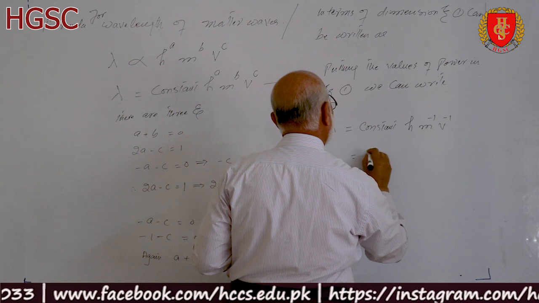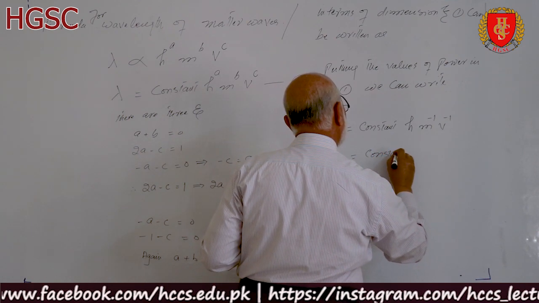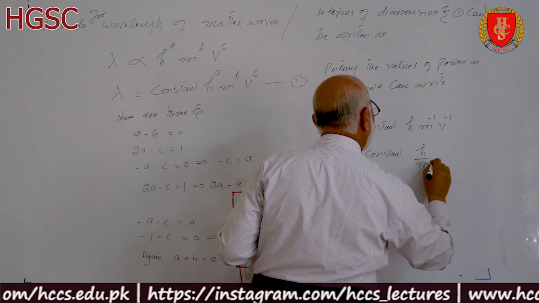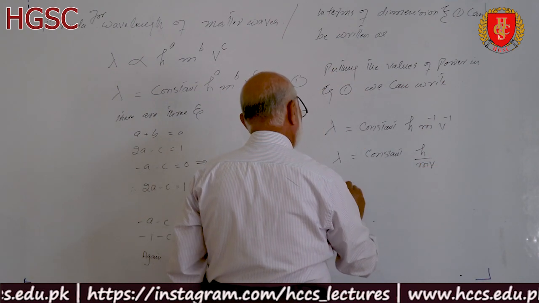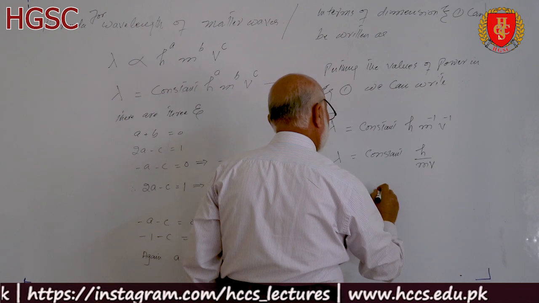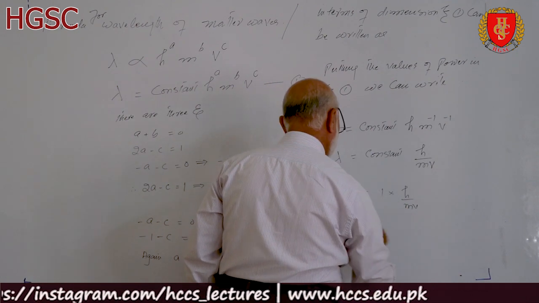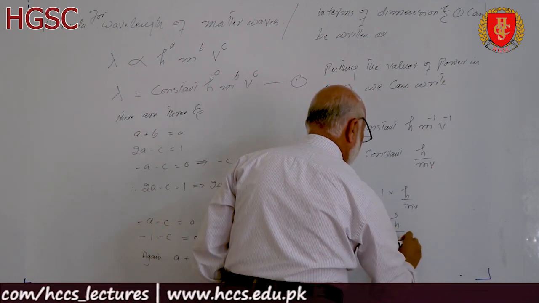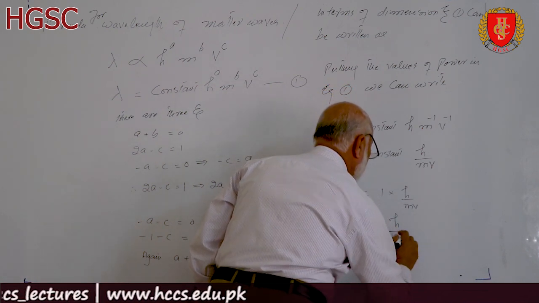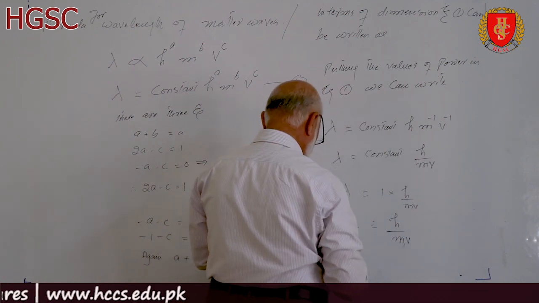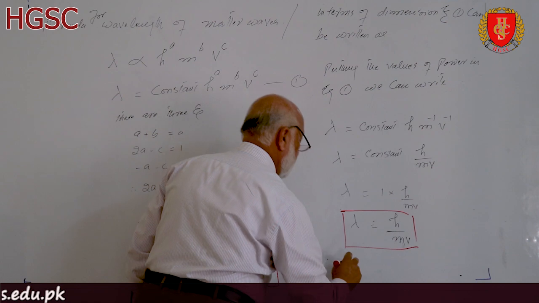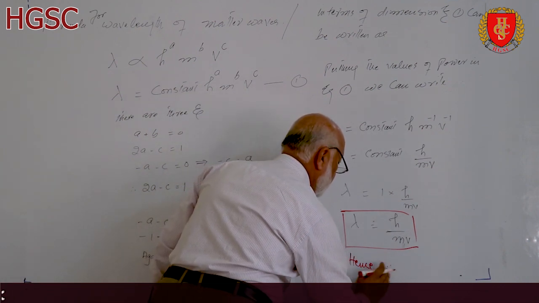So this is equal to constant into h over m v. The numerical value of this constant is 1, and this is the formula for the wavelength of the matter waves given by de Broglie. So lambda is equal to h over momentum, hence proved, hence derived.